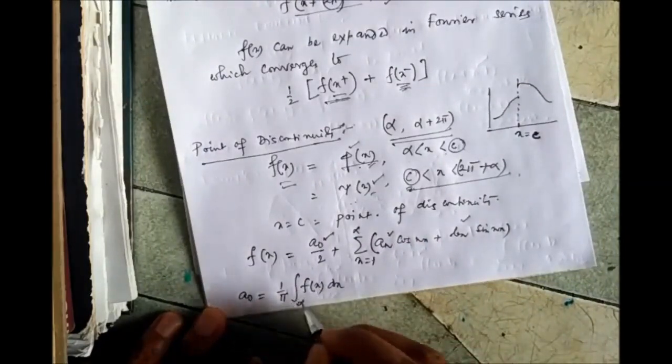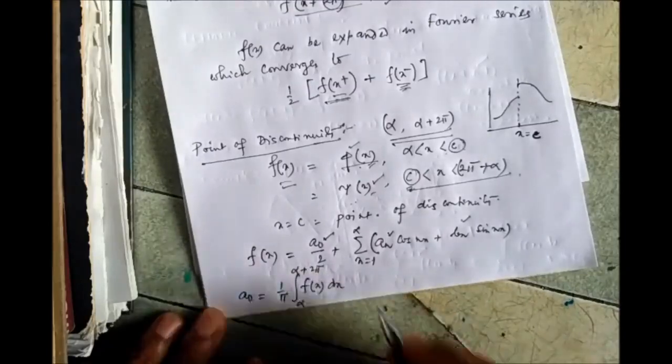where this integration runs from alpha to alpha plus twice pi.